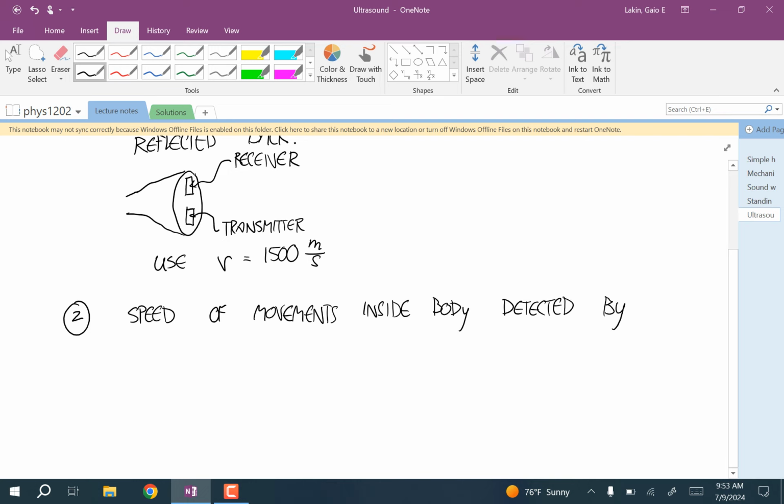So they're detected by measuring the Doppler shift of the reflection.